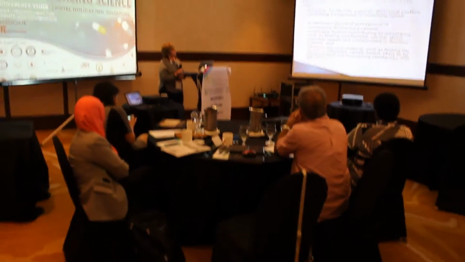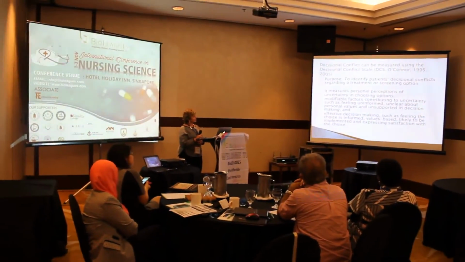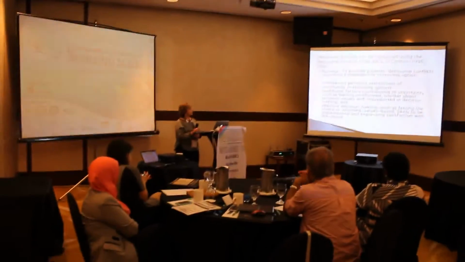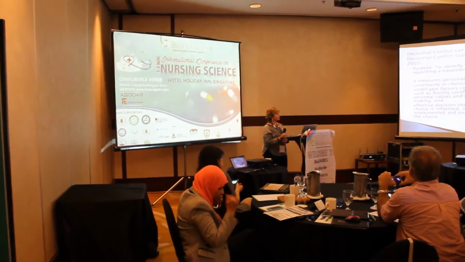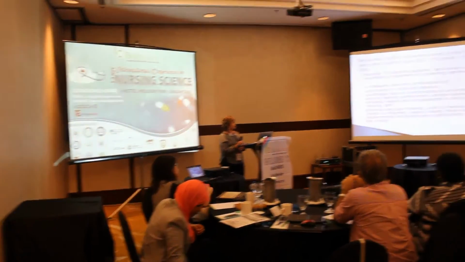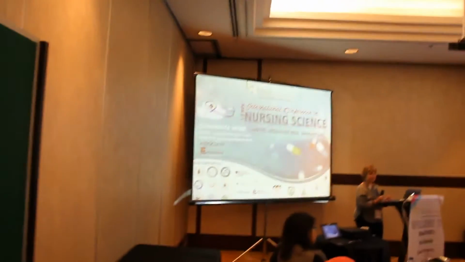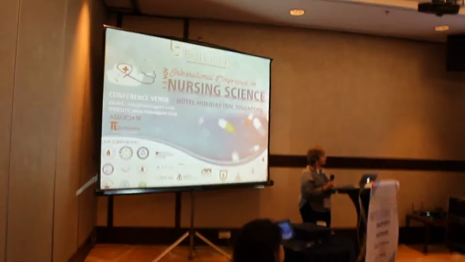Decisional conflict can be measured. I was very fortunate to work with Dr. Annette O'Connor, who in 1995 and then revised in 2005 the Decisional Conflict Scale. And the Decisional Conflict Scale looks at patients' decisional conflict based on screening options. So it measures their perceptions of their uncertainty, what factors in their lives can be modified that are causing the uncertainty.